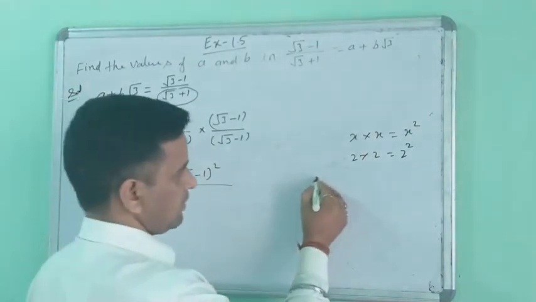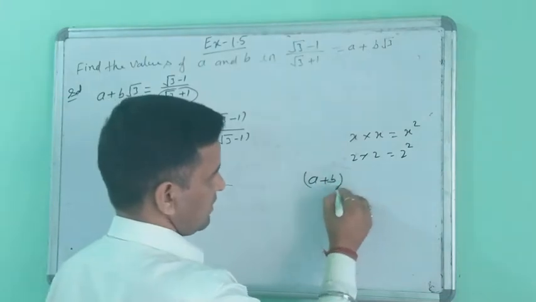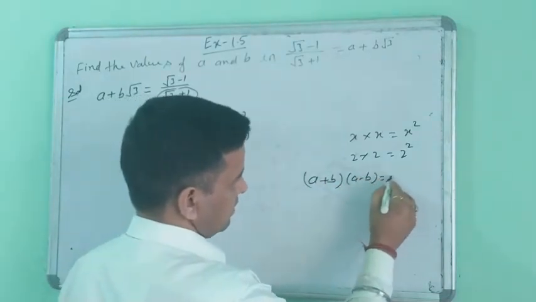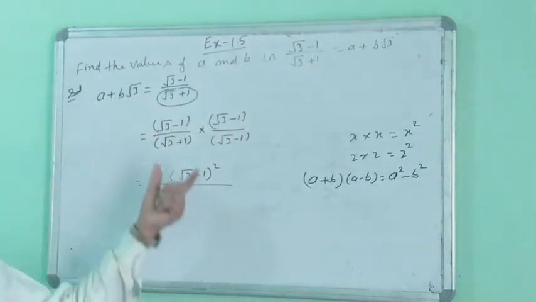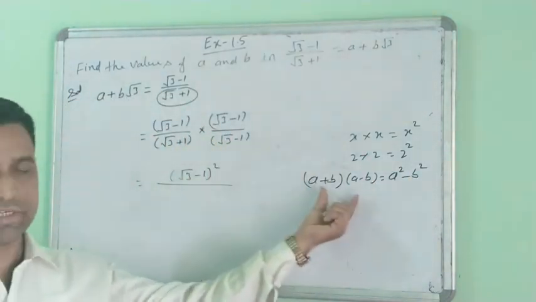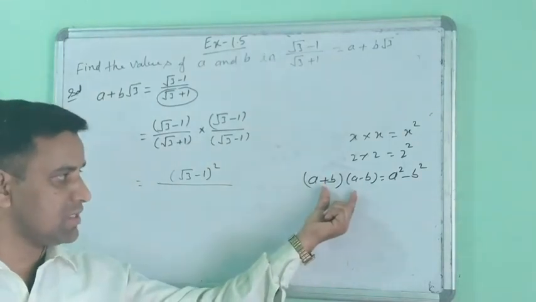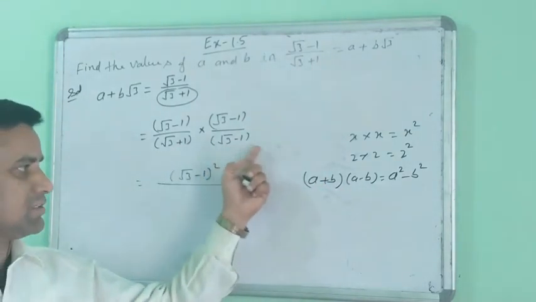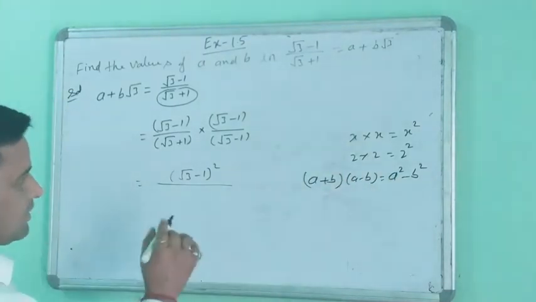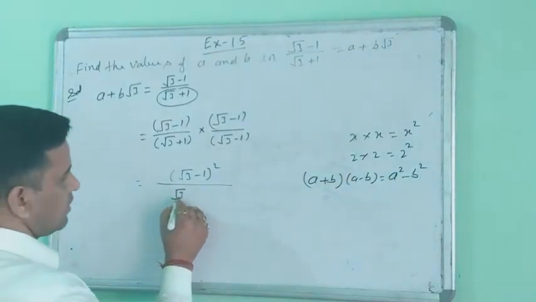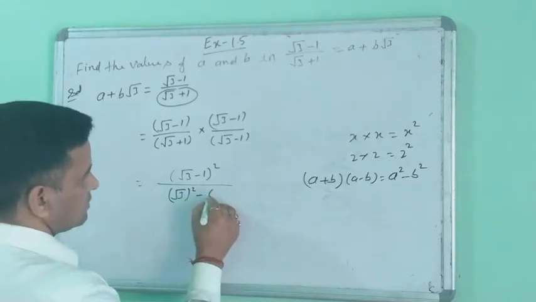For this identity, a plus b and a minus b, what result comes? a square minus b square. In the denominator always use this identity, a plus b and a minus b gives a square minus b square. Is it clear? So then you will write root 3 square minus 1 square.